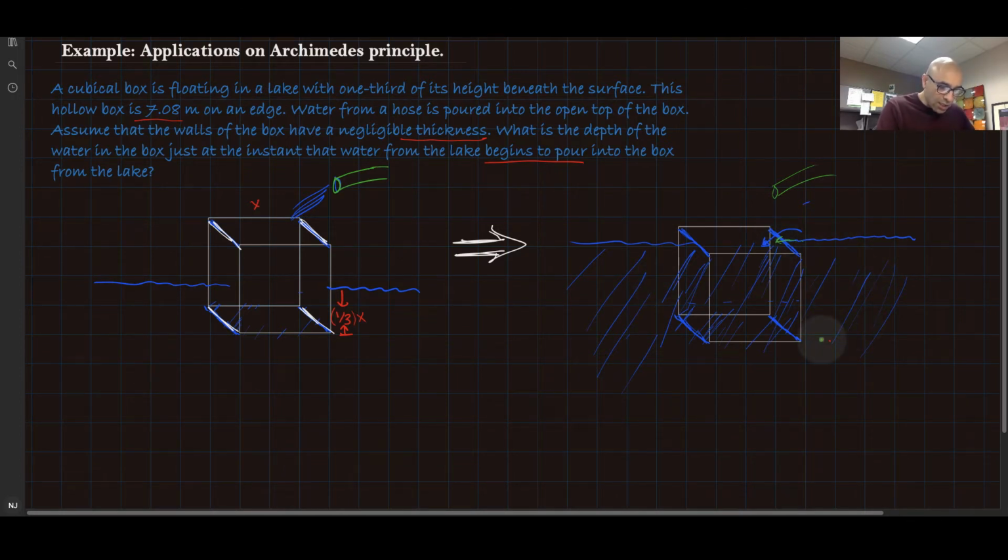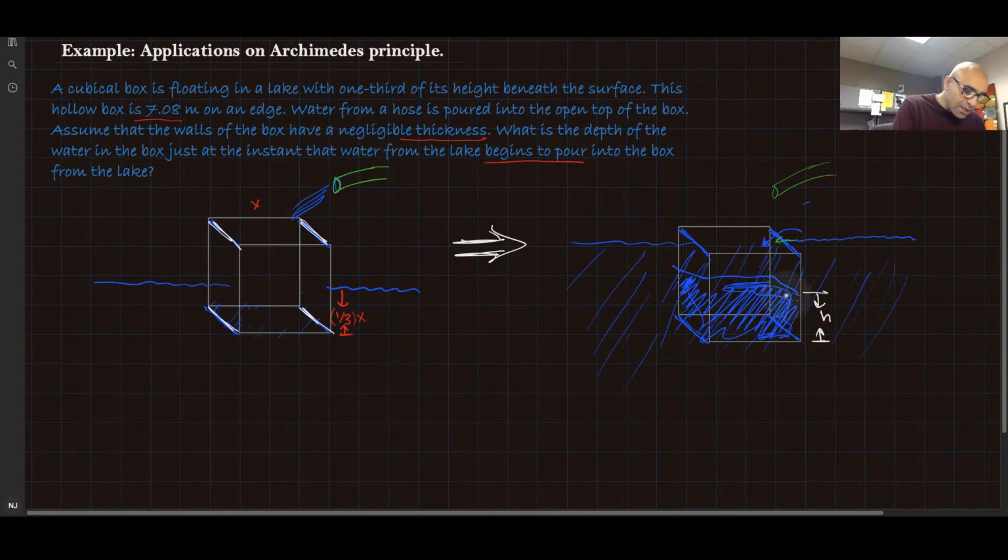The question is to find how high the water in the box is, just when the whole box starts to be submerged underwater. Now, how do we do this problem?